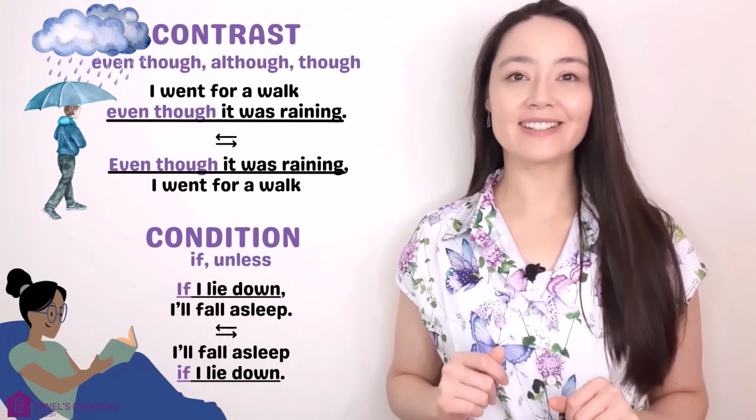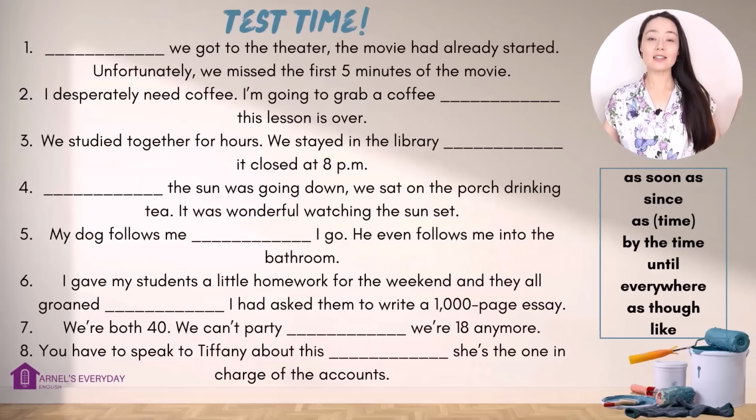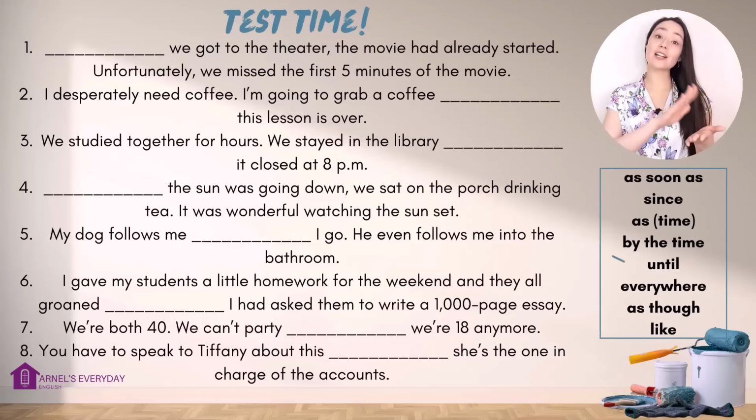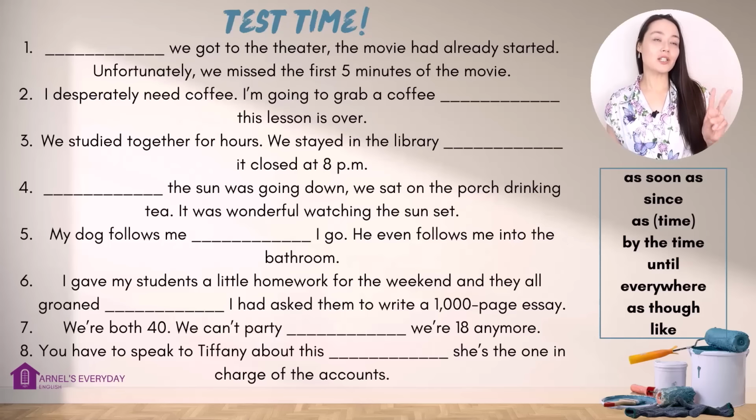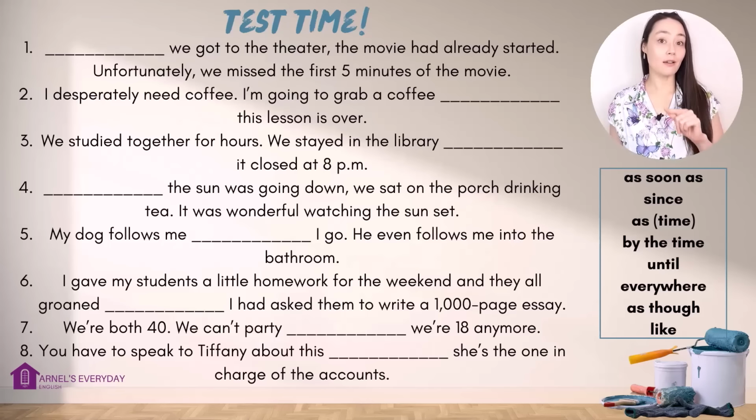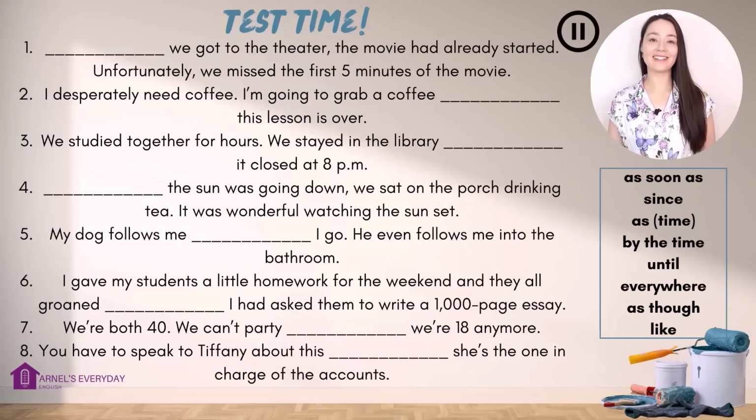Let's do our test. Okay, it's test time. You can see I have 8 sentences and 8 conjunctions. Can you please put the conjunctions into the spaces? Just so you know, 2 of the conjunctions can go in 2 different spaces. Keep that in mind. Pause the video to do this.